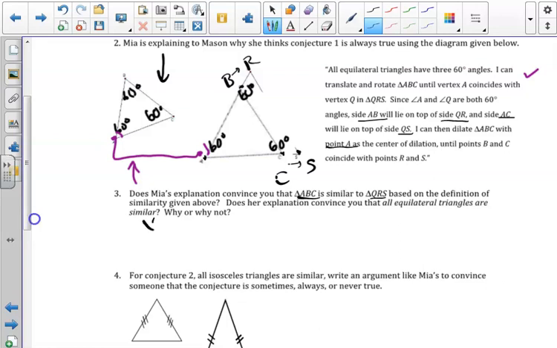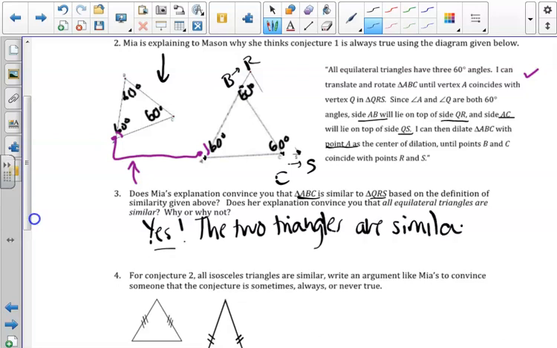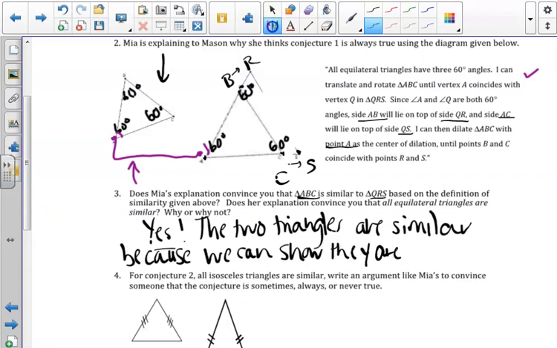So in this case, yes, we can show that the two triangles are similar because we can show they are congruent based on a set of transformations.